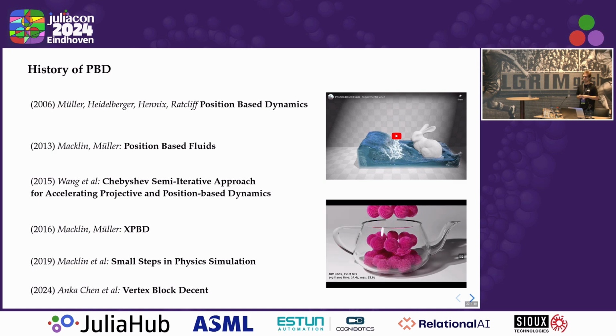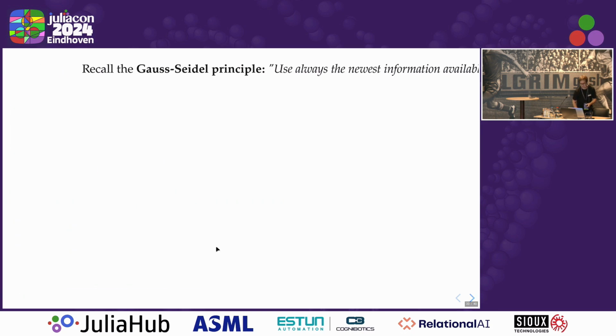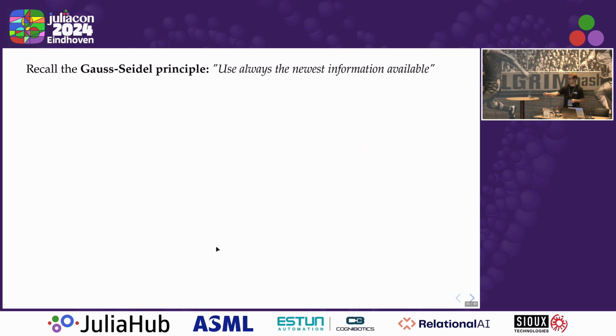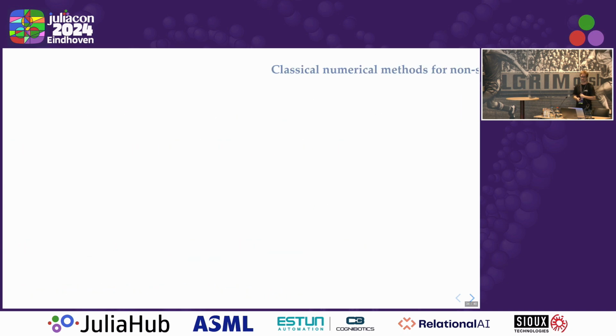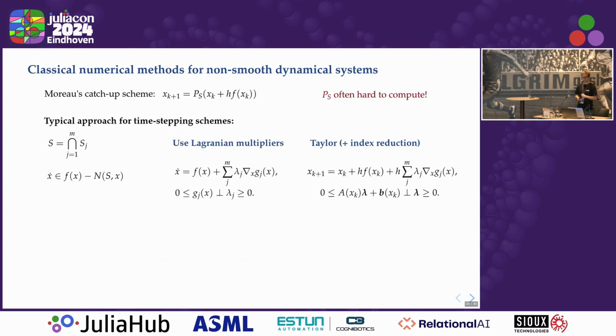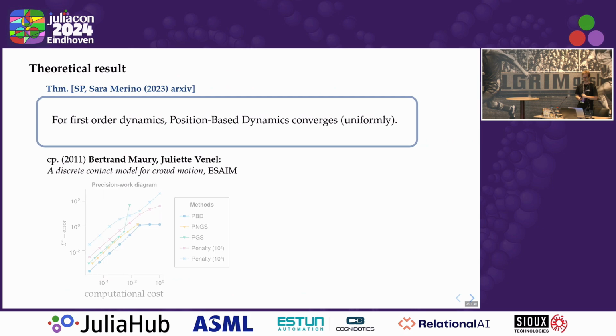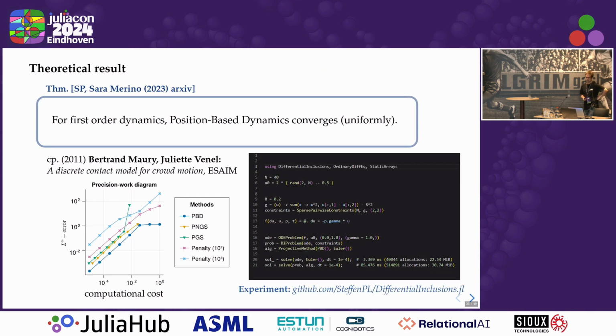I think these methods would be really cool to have in Julia. In the interest of time, I will skip over the mathematics here, but if you know the Gauss-Seidel method, it's nothing else than the Gauss-Seidel method. You can do more mathematics, but I tried to implement differential inclusions, this framework, as a package, but it's not so cool.